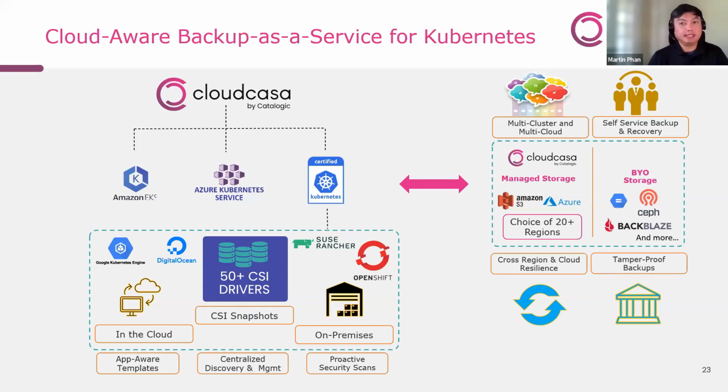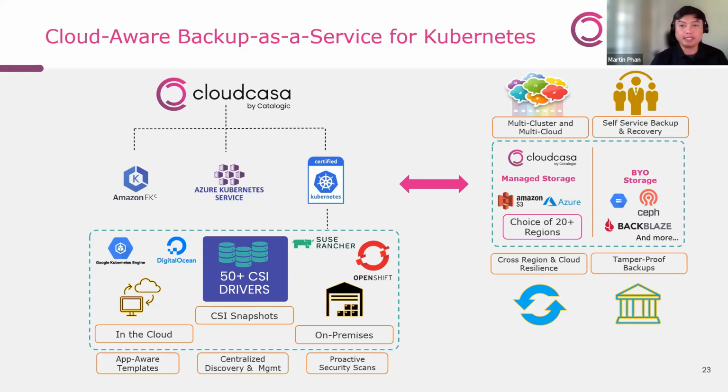And the way it works is pretty simple, right? You have the Cloud Casa platform living up here in the cloud on Amazon or Azure. We're going to have storage up there. And over here on the left-hand side, you're going to have your Kubernetes infrastructure on-prem or in the cloud, right? We're going to snapshot, protect, and back up those resources. We can do in-place CSI snapshots.